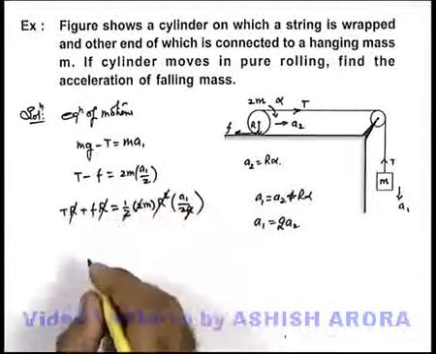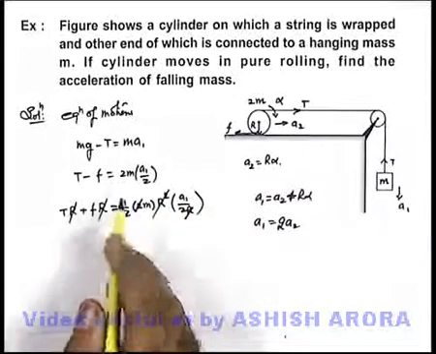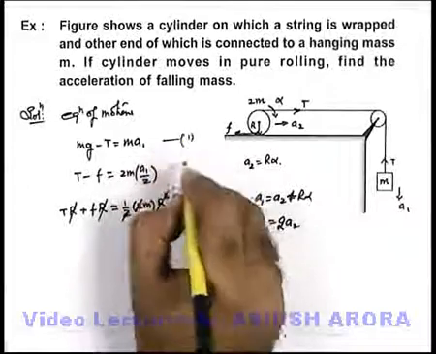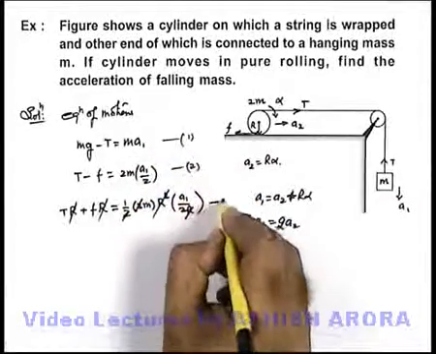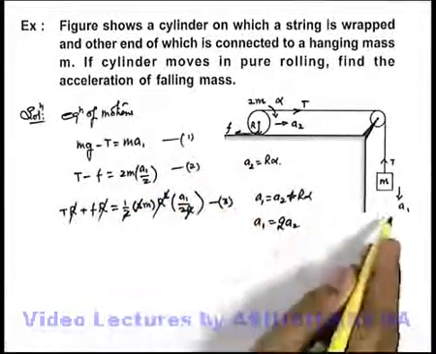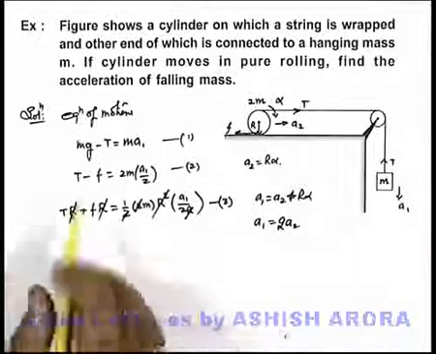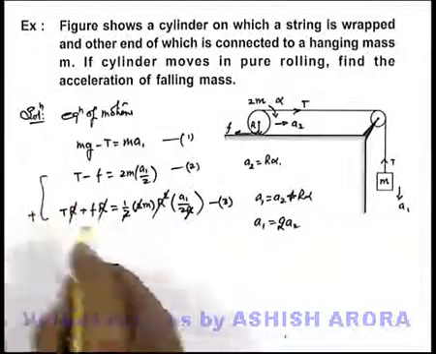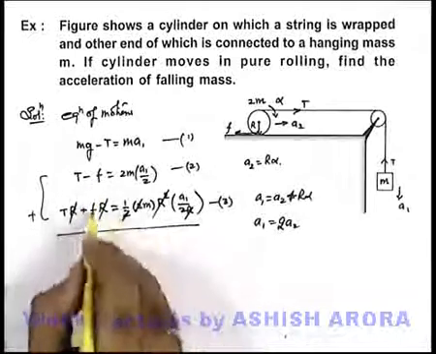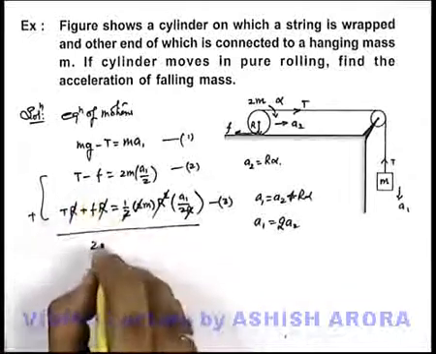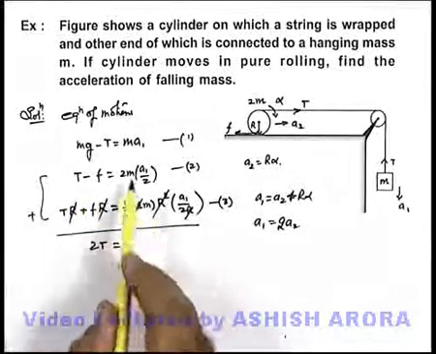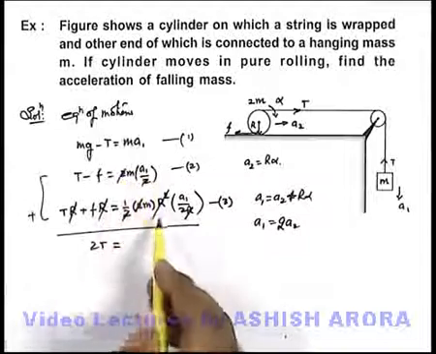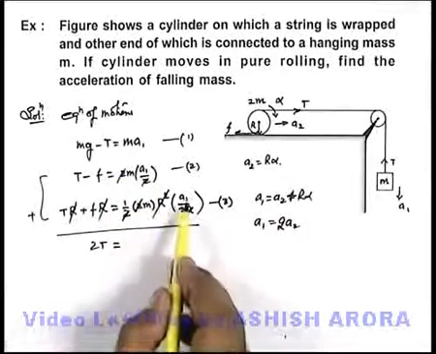This 2 also gets cancelled out, and from these three equations we can easily solve and get the value of a1, which is the acceleration of the falling mass. Here if we add these two equations, you can see what we are getting. Friction gets cancelled out. This will be 2T is equal to m a1 plus m a1 by 2.